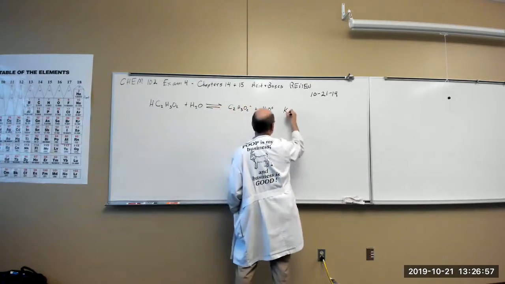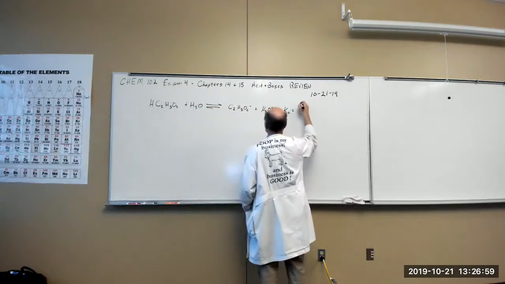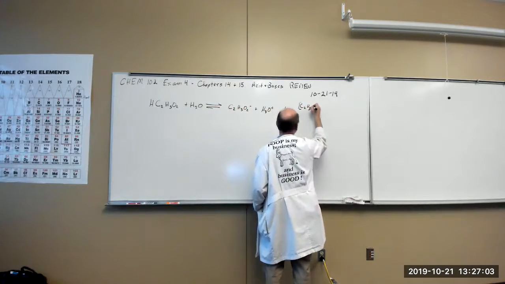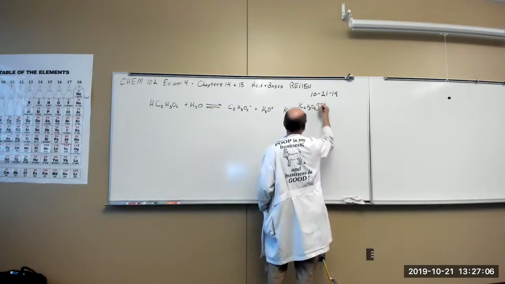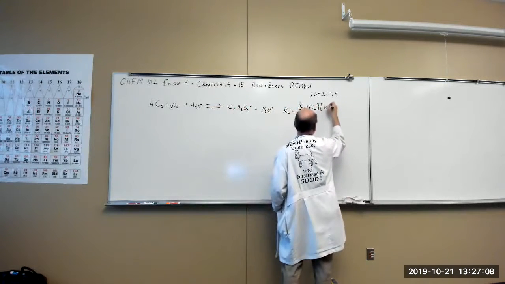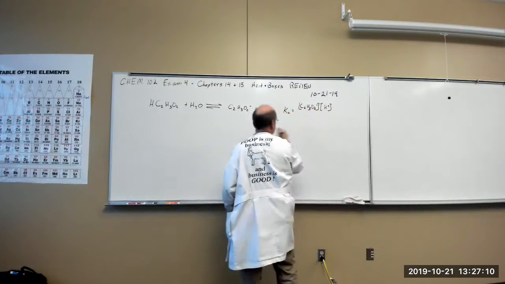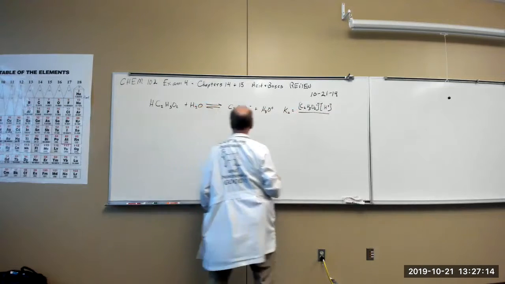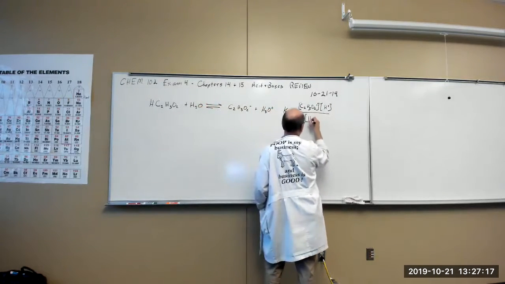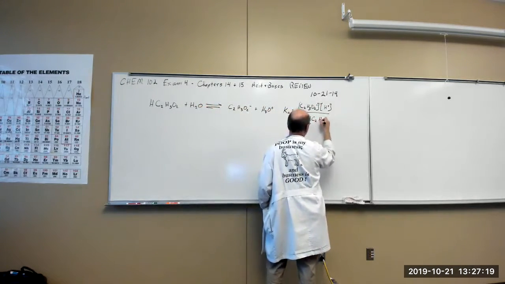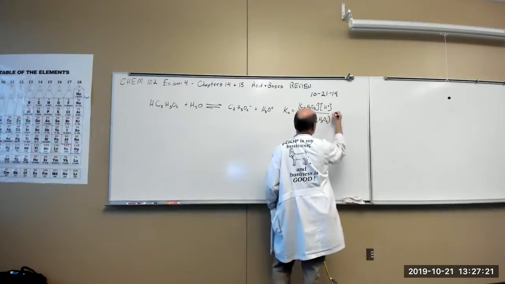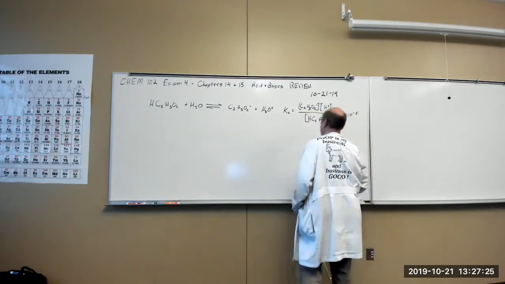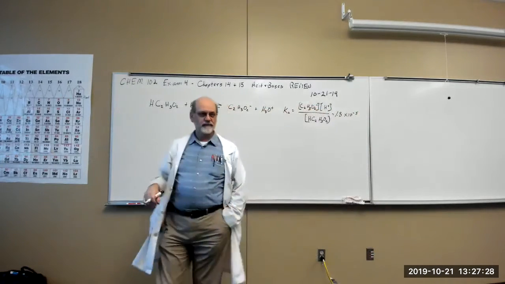So the Ka for this is going to be the acetate, and I'm going to stick the hydrogen in here instead of the hydronium, because the water is going to drop out anyway. Okay, and we know this value to be 1.8 times 10 to the minus 5. That's the one you're going to prove today.